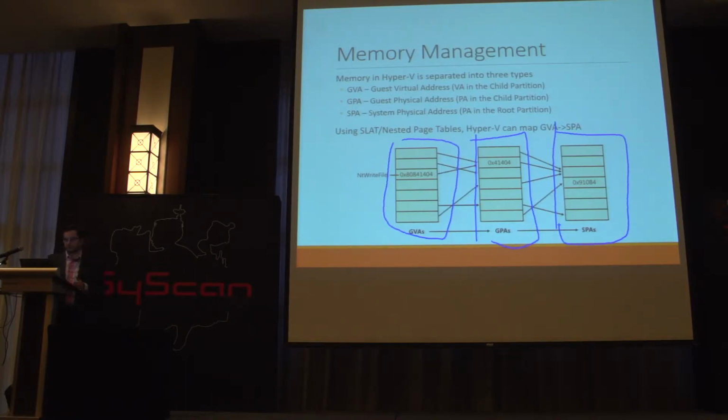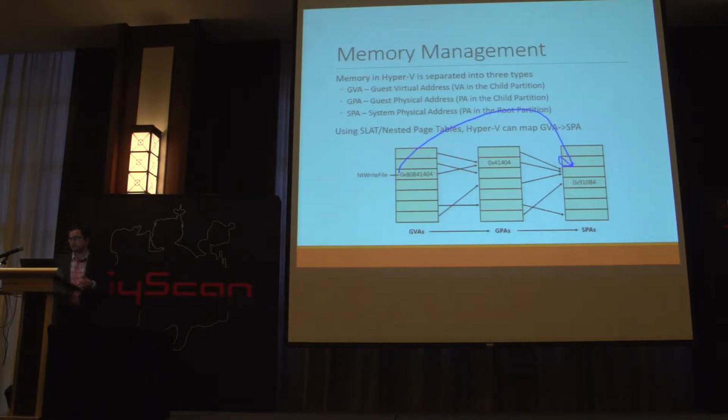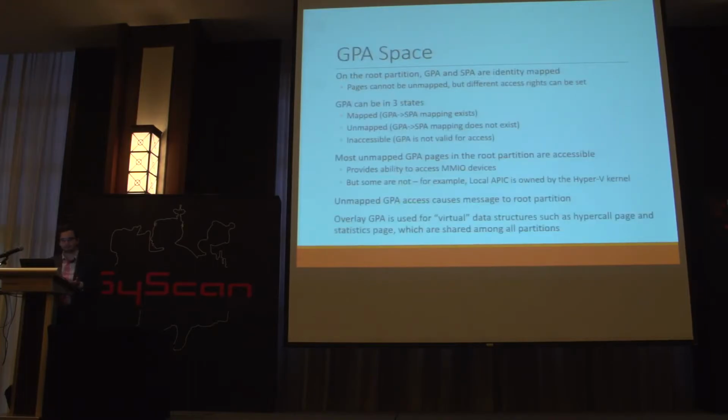So you have a virtual address here that the local OS converts to a physical address, and then Hyper-V converts that physical address to the real physical address that actually exists. Now, as you probably know, with SLAT or nested page tables or EPT, we can also go directly from GVAs to SPAs, and the CPU knows how to do that with nested page tables. But the same idea is there. You have these separate layers of isolation between pages.